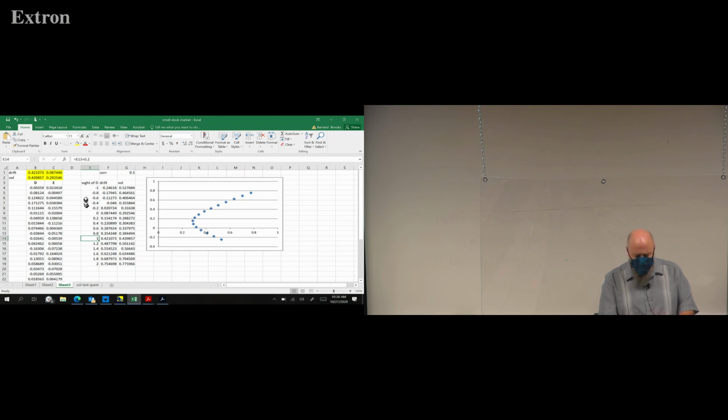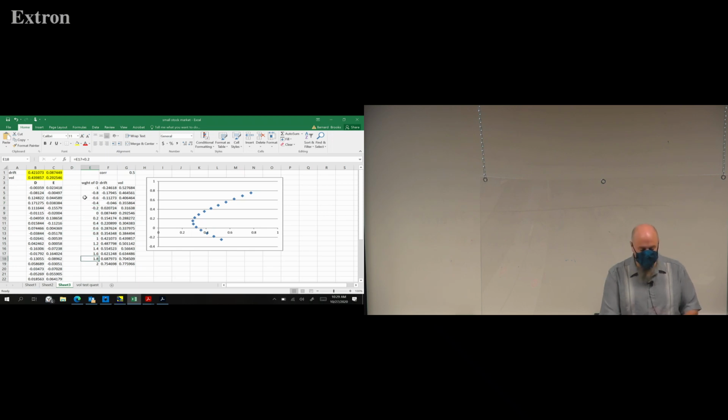What about these negatives? How can you have negative weights? Yeah, you short one stock and buy more than you normally would of the other stock. Yes, so I can have negative weights. Negative weights here is shorting one to buy more of the other.